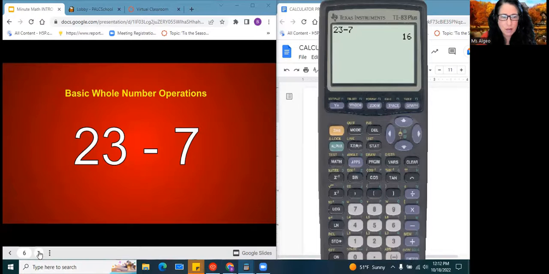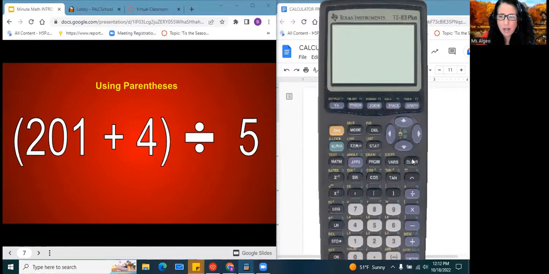Okay, so let's keep on going. I'm going to clear that out. Now, oftentimes it's very helpful to use parentheses, particularly when we have multiple operations. So in this one, we have two operations, and we're going to add together 201 plus 4, and we've used these parentheses.